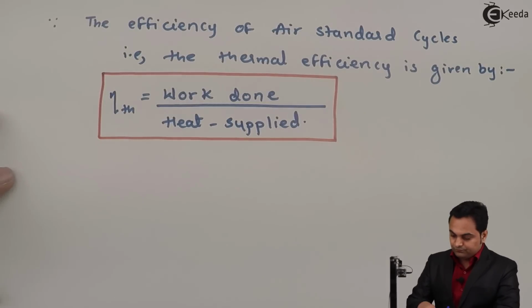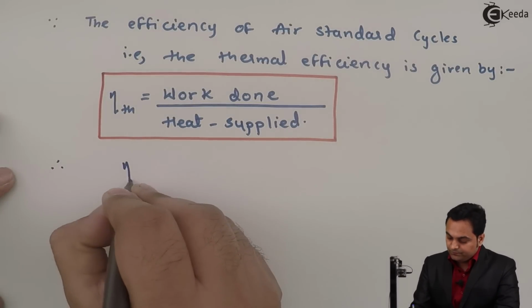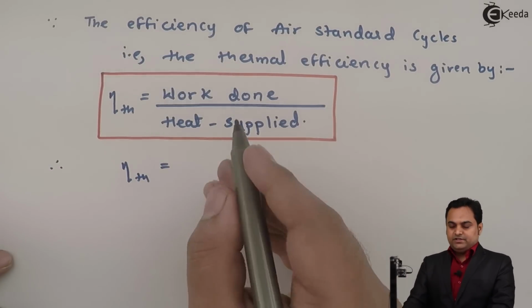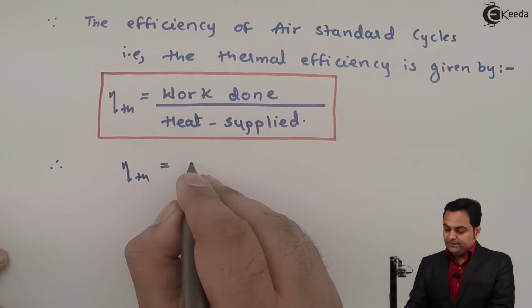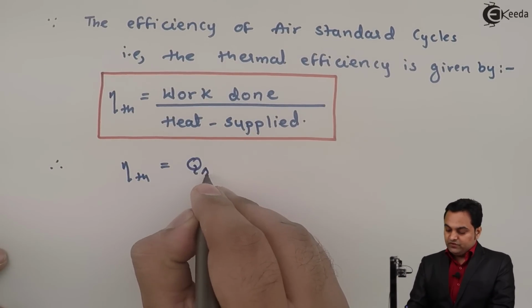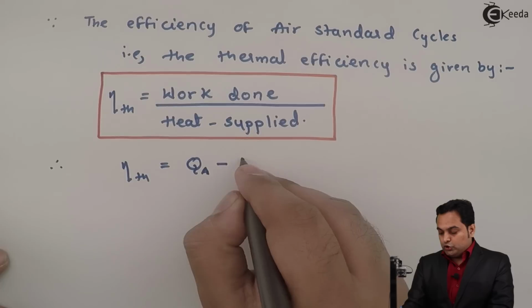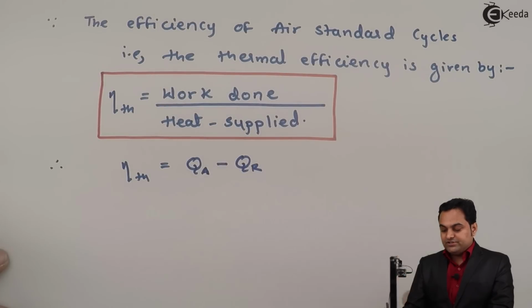Therefore, work done is nothing but from the heat supplied, that is QA is the amount of heat added or heat supplied, QR is the amount of heat rejected.